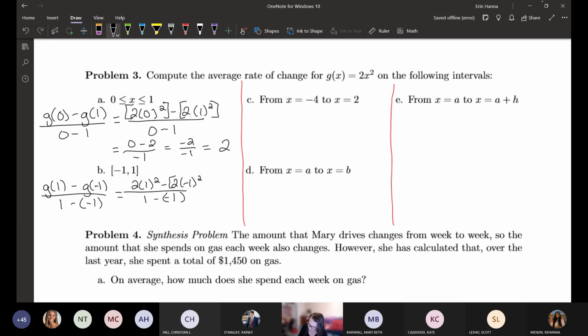Let me be consistent with my brackets. So we'd get 2 minus 2 over 2, which would reduce to 0. So the average rate of change between negative 1 and 1 would be 0. If we were to draw this function and draw the line between those 2 points, it should be a straight horizontal line.